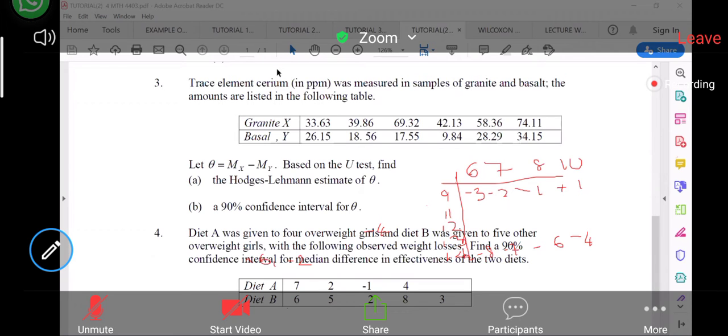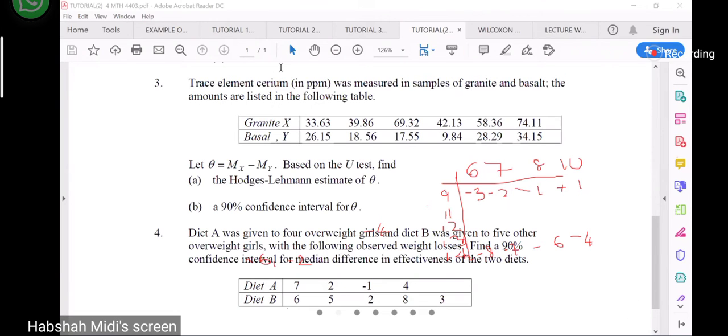30.045. And the confidence interval? Lower is 15.07, right?